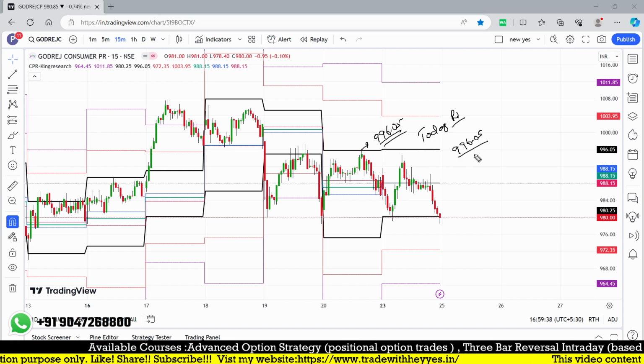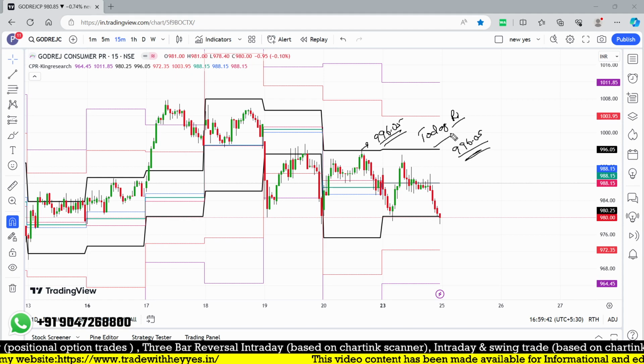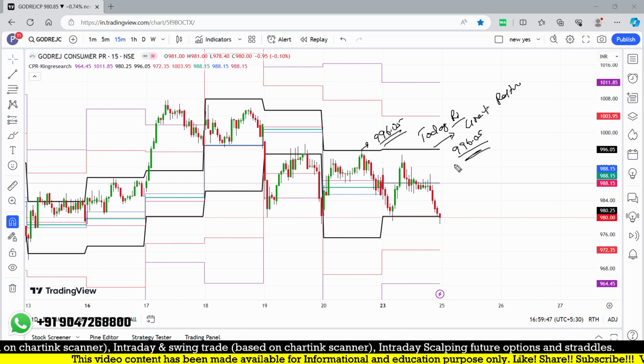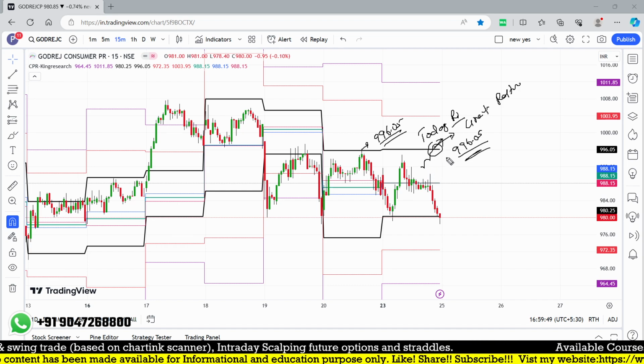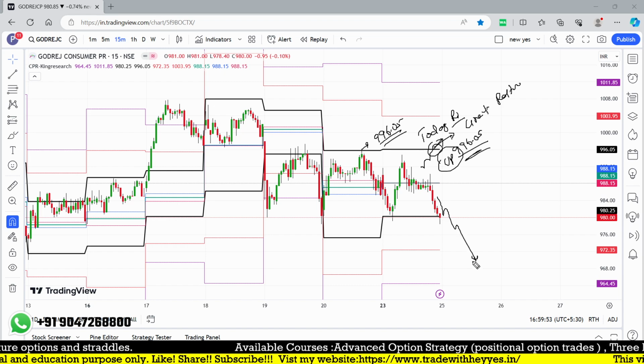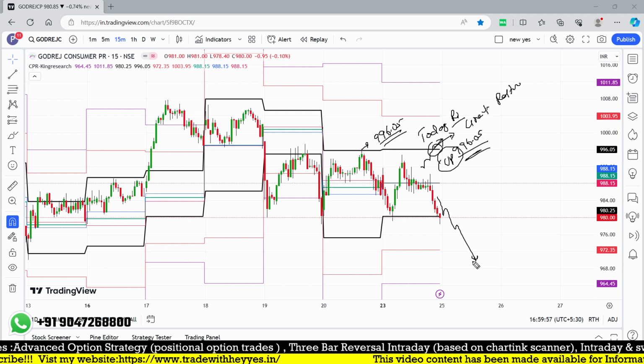So you can see it is equal. So this resistance acts as a great resistance, and until the resistance breaks we can expect the downside. That's the logic, and simply we are going to find those stocks.